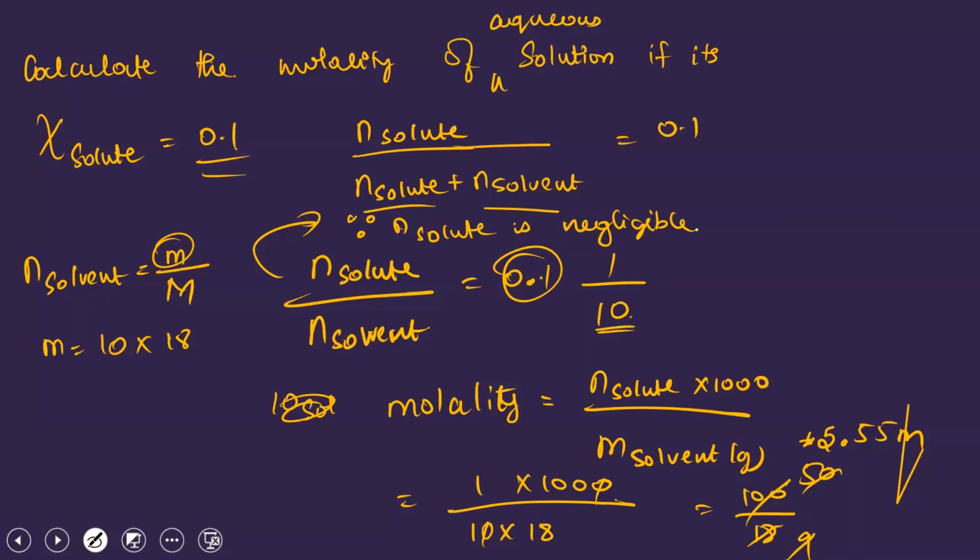So we take it as moles of solute by moles of solvent, which is 0.1. And if we take the ratio, it will be 1/10. Molality is moles of solute into 1000 by mass of solvent, which is 1/1000 by 18. The 18 we got from the molar mass of water. And if you cancel it out, 100 by 18 is 5.5. That's it. Clear?